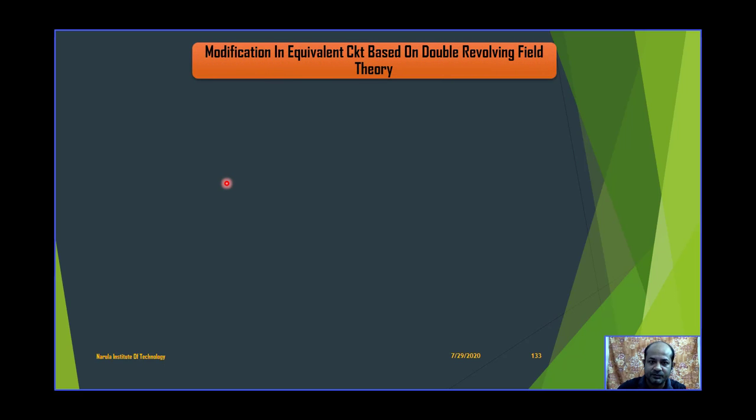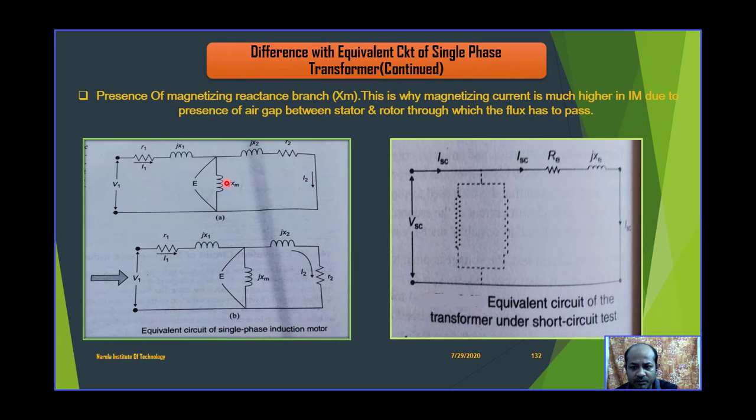Now, modification in the equivalent circuit based on the double revolving field theory. So what modification can we do? Before we proceed further into the details, we should consider some nomenclature. Here R1 and jX1 are the stator side impedance, and R2 plus jX2 is the secondary or rotor side impedance referred to the stator.